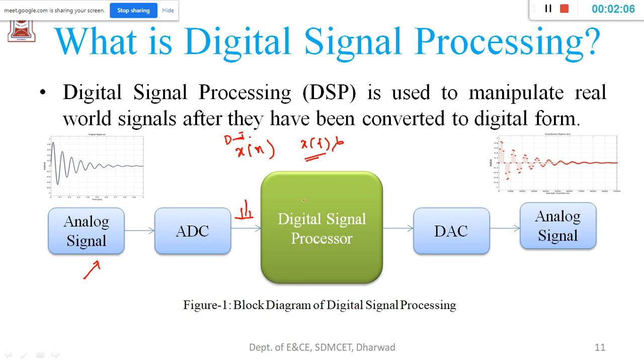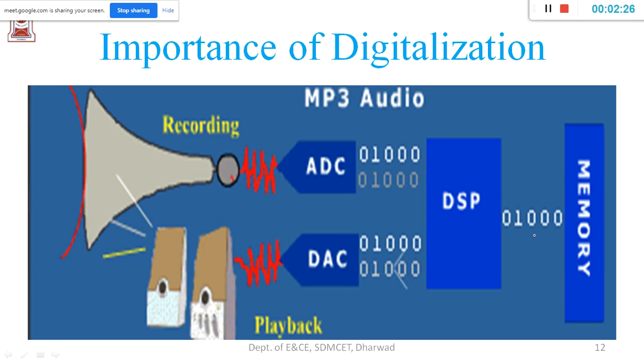Then these signals are sent to the digital signal processor, you perform some mathematical operations, and the output will again be in discrete form. This discrete signal is then converted back into analog form, and that is the final version of the signal. This is the importance of digitalization.